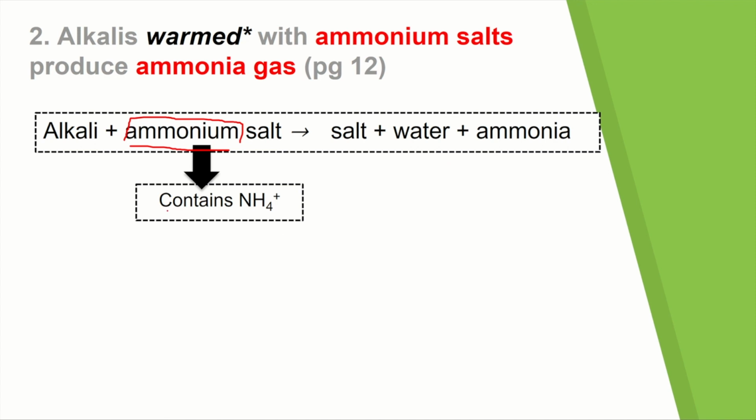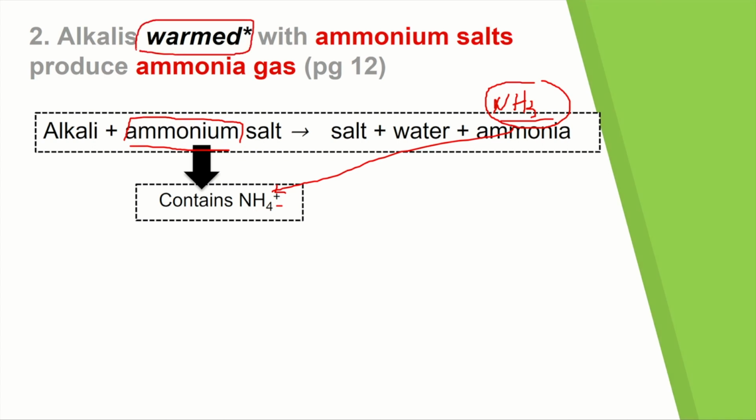This ammonium ion can produce your ammonia gas, which is NH3. So this ammonia comes from ammonium. Note the difference. One is a cation, one is a neutral molecule. So alkali can react with ammonium salt to have these three products.